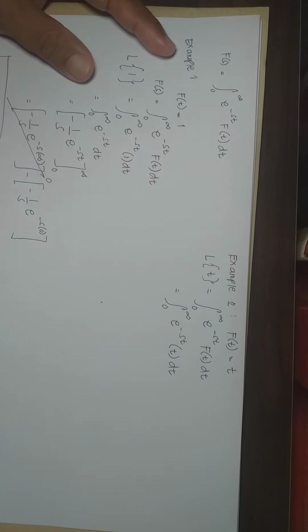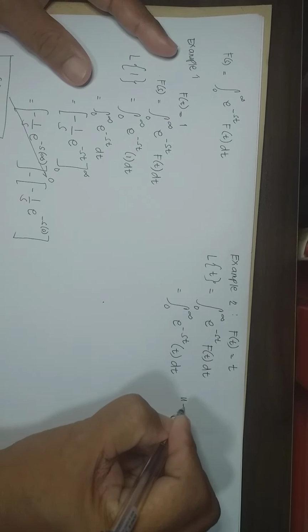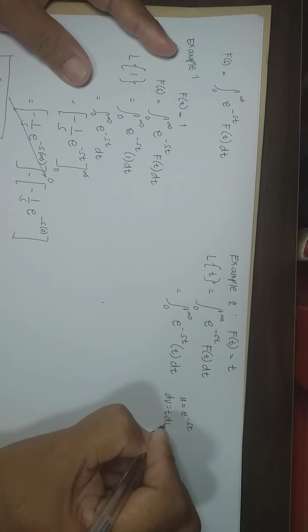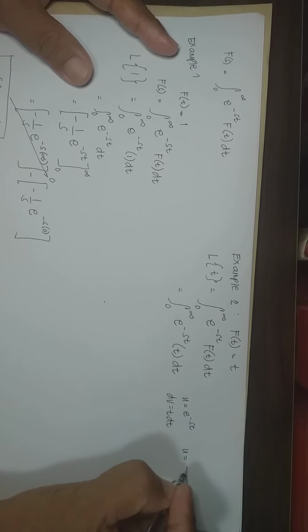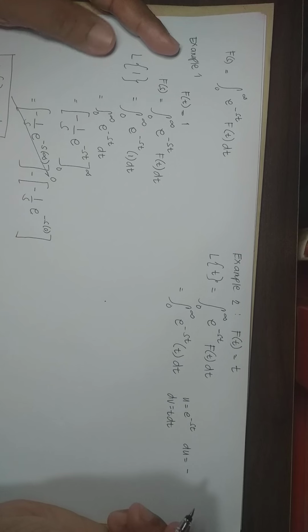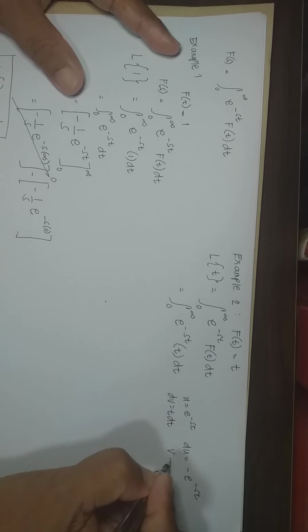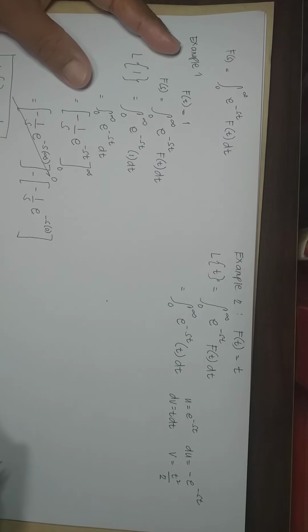So what are we going to do with this? If we let u be equal to e to the negative st and dv be equal to t dt, then your du is equal to negative s e to the negative st, and your v is t squared over 2.